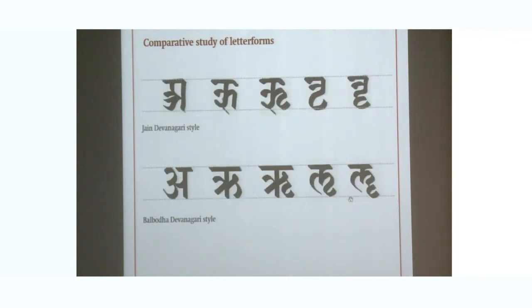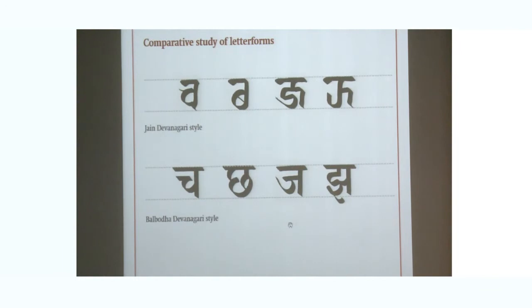If you see ru, it is different than today's Barbodi. Look at O, which we hardly use even in text, but it is good to understand their features. In Ch, Jo is quite common. It is distinctly different in Jain style. If you see Ch, it almost looks like wo.